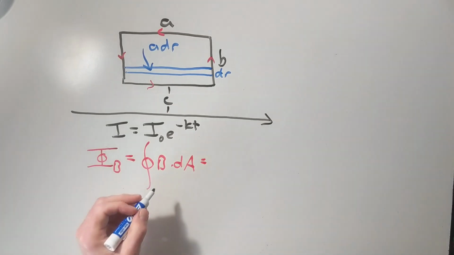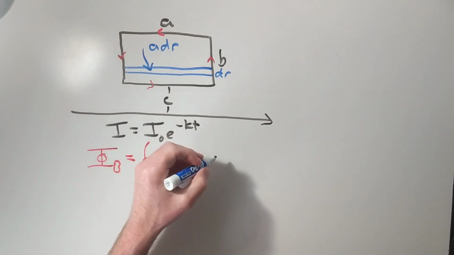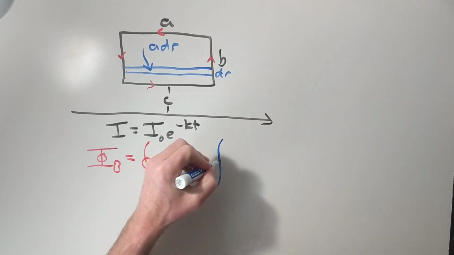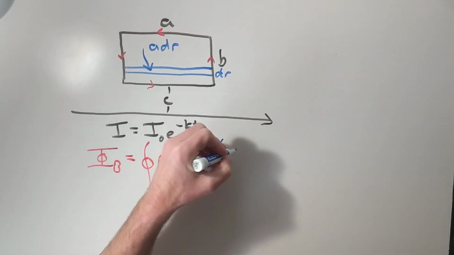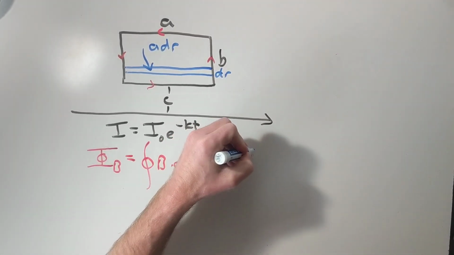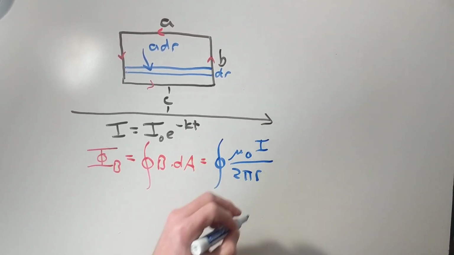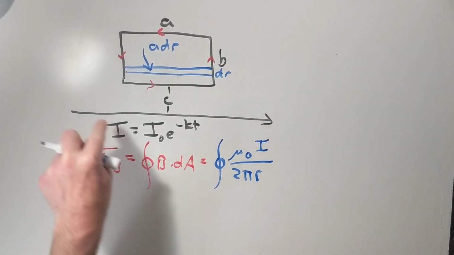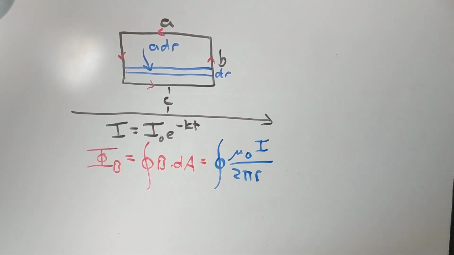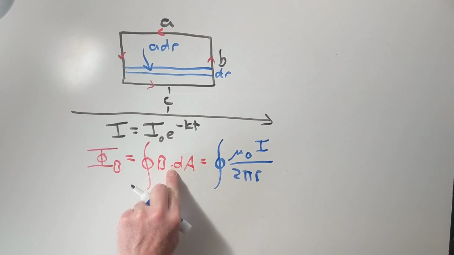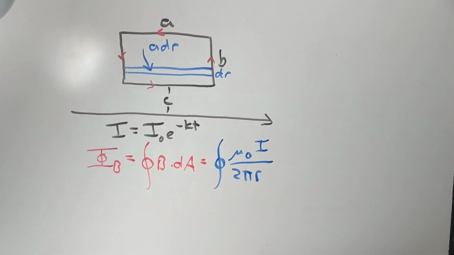But the magnetic field itself, we know, is going to be mu naught I over 2 pi r. That's the magnetic field that the wire creates. We'll deal with the I part here in a minute. The dot product is just going to be at 90 degrees because it's going to hit at 90.